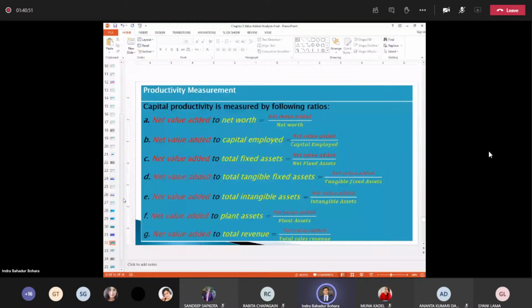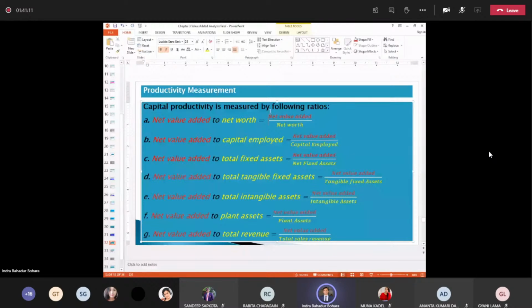So it is net value added to service revenue. Net value added is the first factor, written in the numerator, and service revenue in the denominator. In such a condition, don't write sales revenue here. In a service industry we have to write service revenue, the sales of service revenue, which we call service revenue.